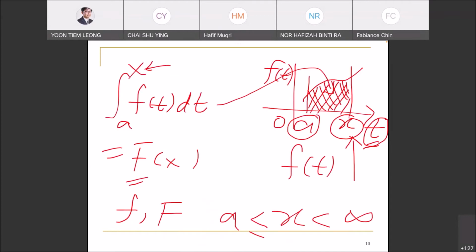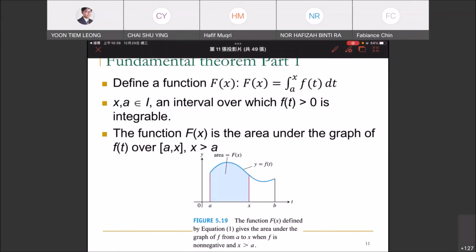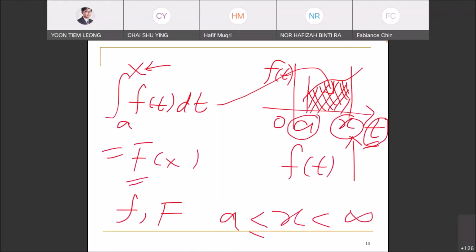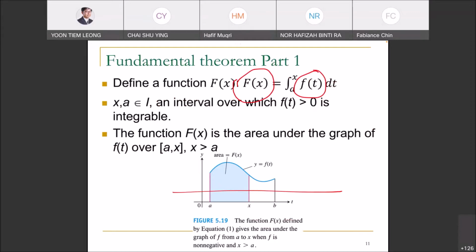Now, once I have defined my small function f and big function F, I'll go to the next step. I'm going to show you that the capital function F is the antiderivative of the small function f.